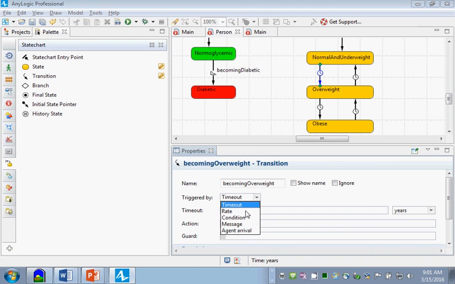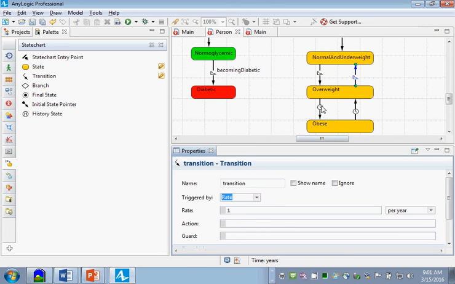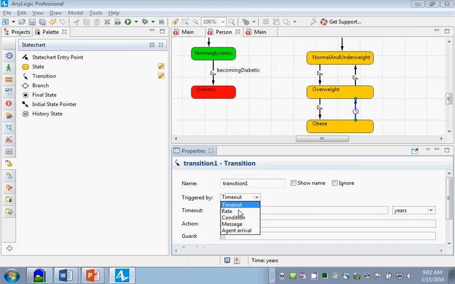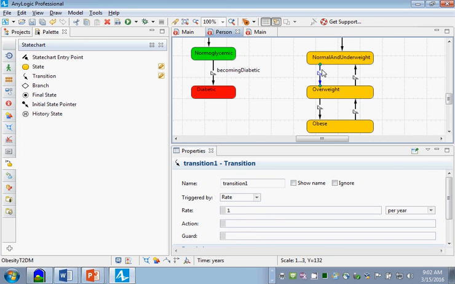But these are going to be rate transitions rather than timeout transitions. And in the interest of bringing this example to a close by lunch, what we're going to do is set fixed values here for these quantities.